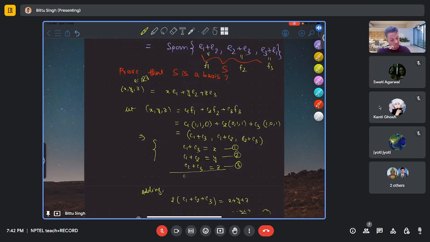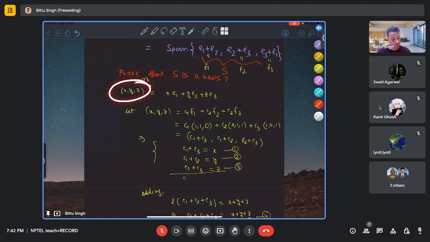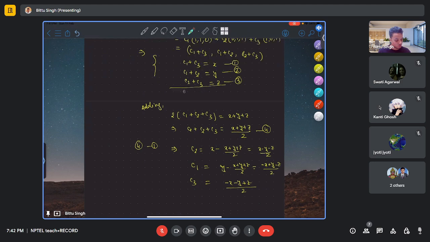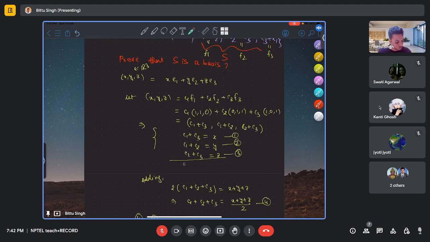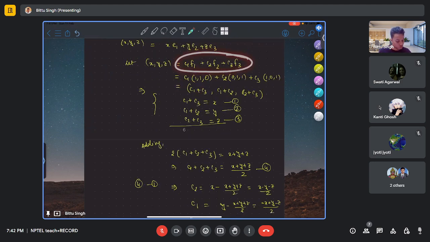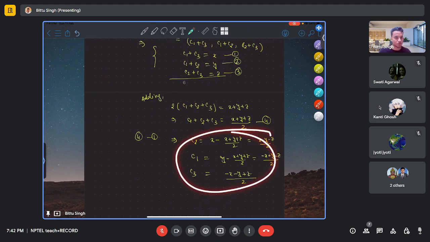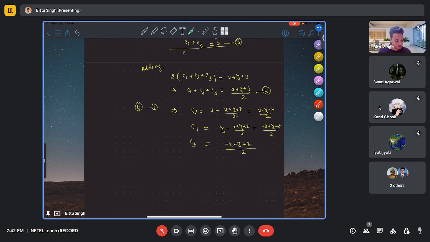Therefore, any element x, y, z can also be written as a linear combination of f1, f2, f3, because a solution exists. The solution is given by those three.